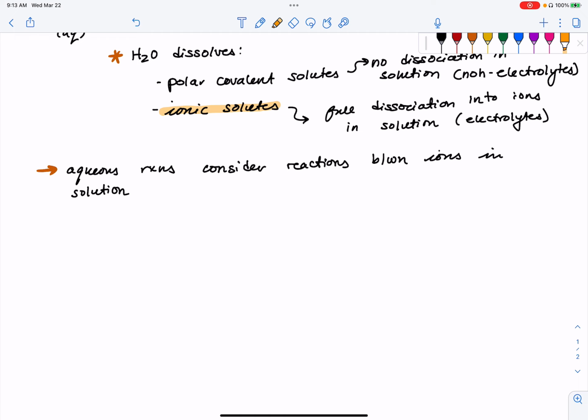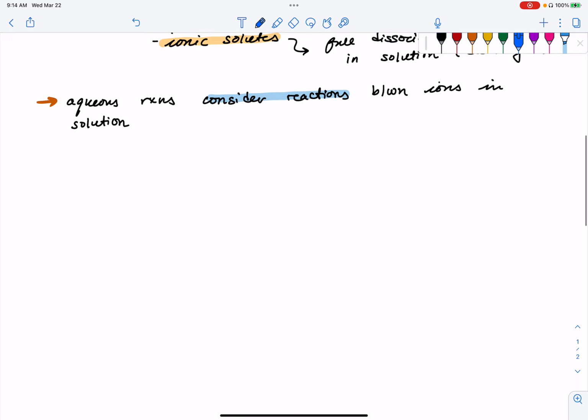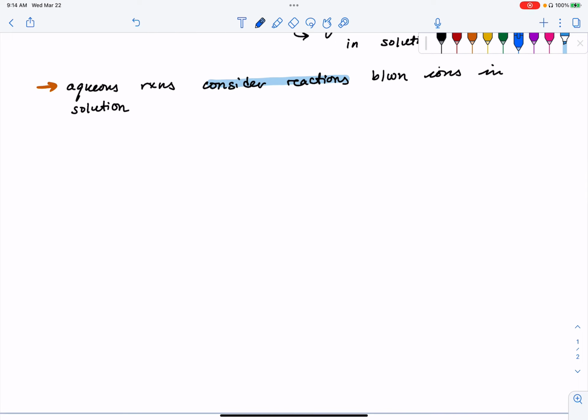Now, when we are looking at these reactions, interactions of ions in solution, let's remind ourselves about what kinds of interactions or reactions we know from just our major classes of different types of chemical reactions. So most commonly, when you are looking at aqueous reactions, you are looking at either a single displacement reaction, where in the context of what's happening with things in solution, the things that are being displaced are ions.